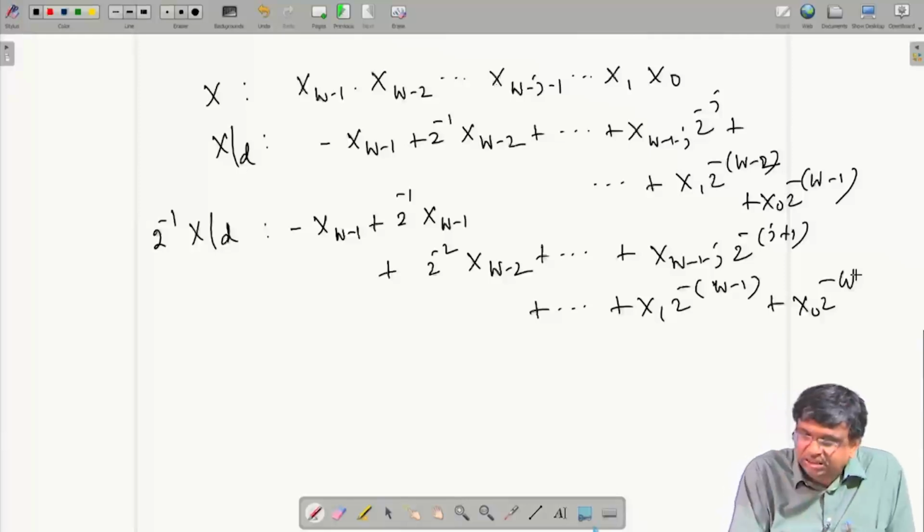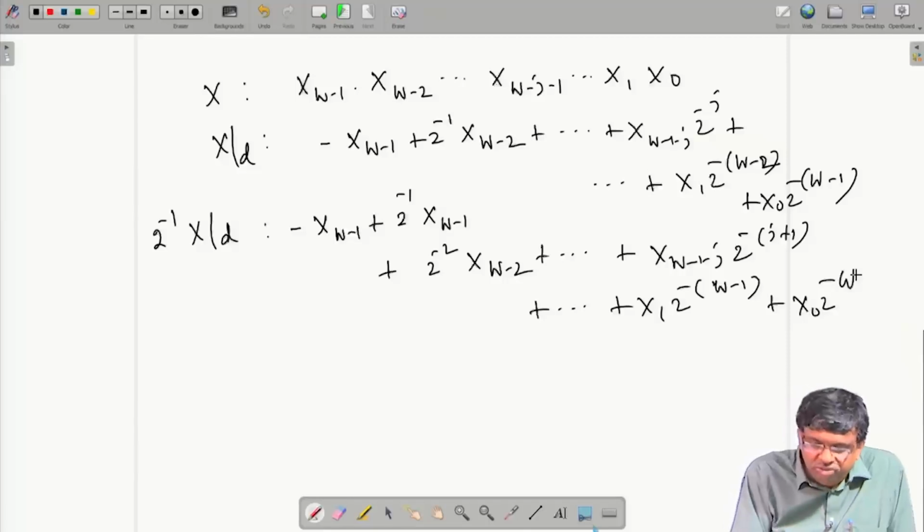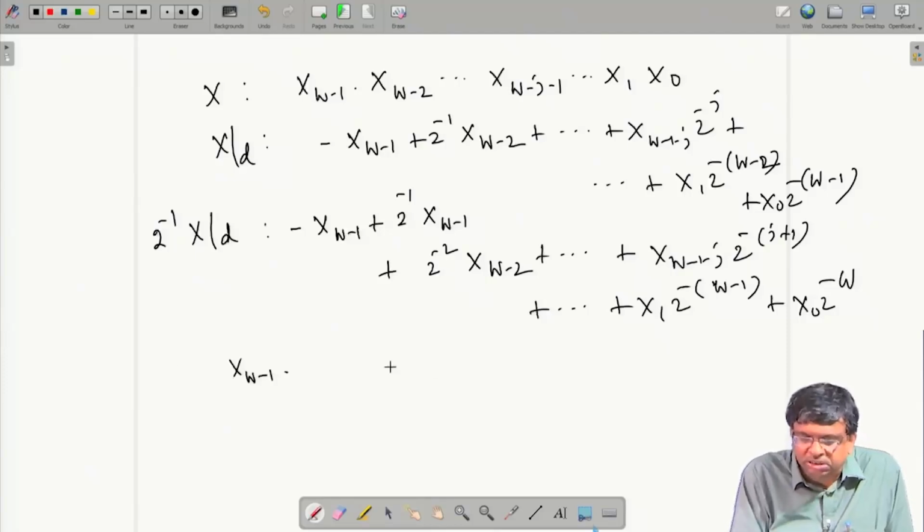Now, if you look at this, it is the decimal value of a word under the 2's complement system. In the decimal domain, minus of this comes, which is present with the MSB. The next bit is associated with the power 2 inverse, that is this.